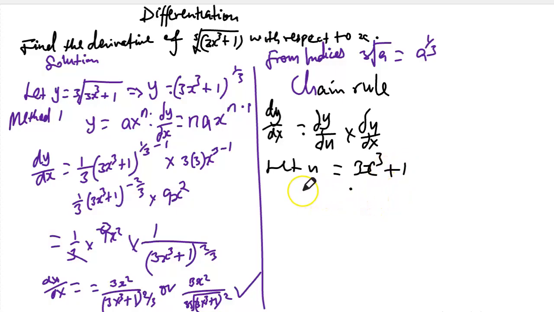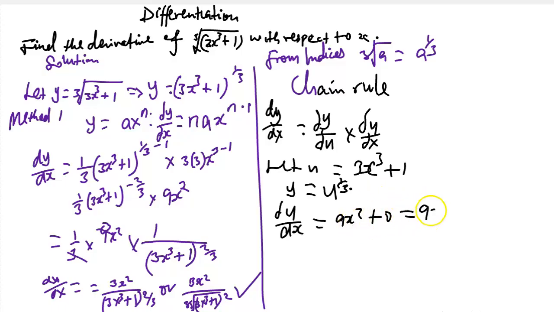Then if this is u, what is y? y is going to be u to the power 1 over 3, the cube root, right? So if I do du/dx, it will be differentiating this u, it is 9x squared plus 0, because when you differentiate 1 you get 0. So this gives us 9x squared.